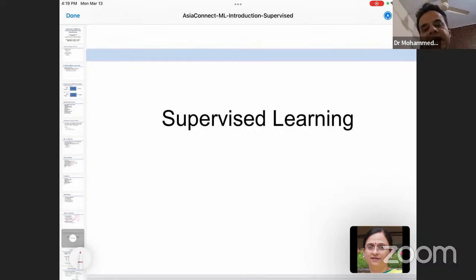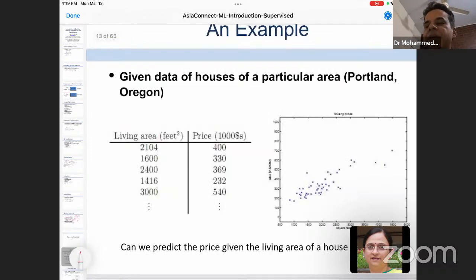So as I said, in supervised learning, our task is, we have some labeled data. From the labeled data, we want to develop some algorithms so that it can label some unseen data. Here is a toy example.